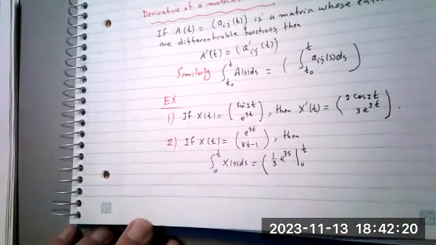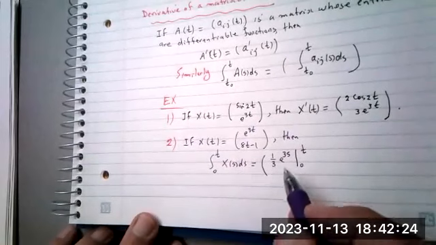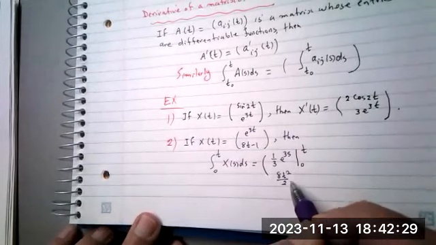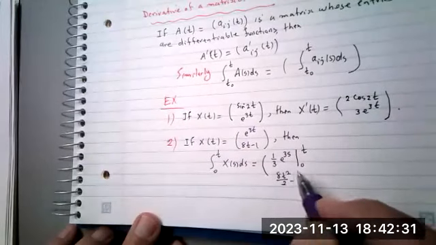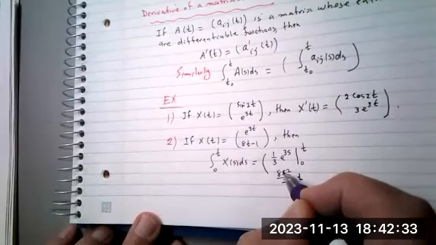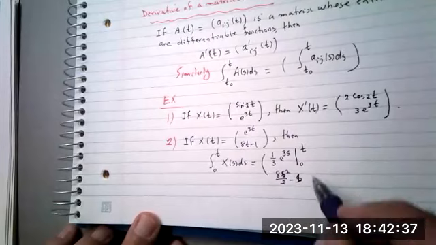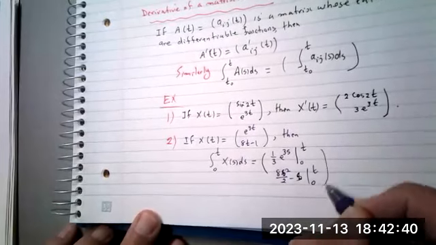For the second one, you integrate 8t, that gives you 8t squared divided by 2 minus t, sorry, minus s, it must be s. It's going to be the same thing: 8s squared over 2 minus s, then from 0 to t.